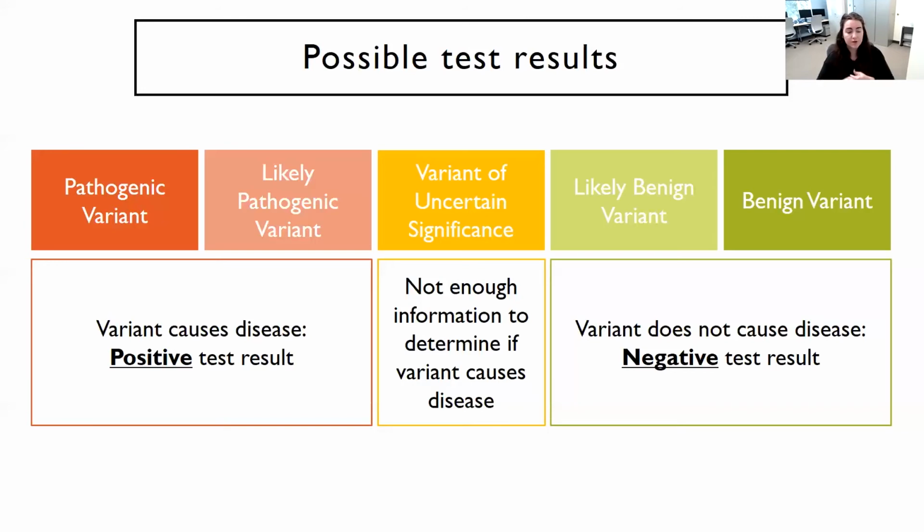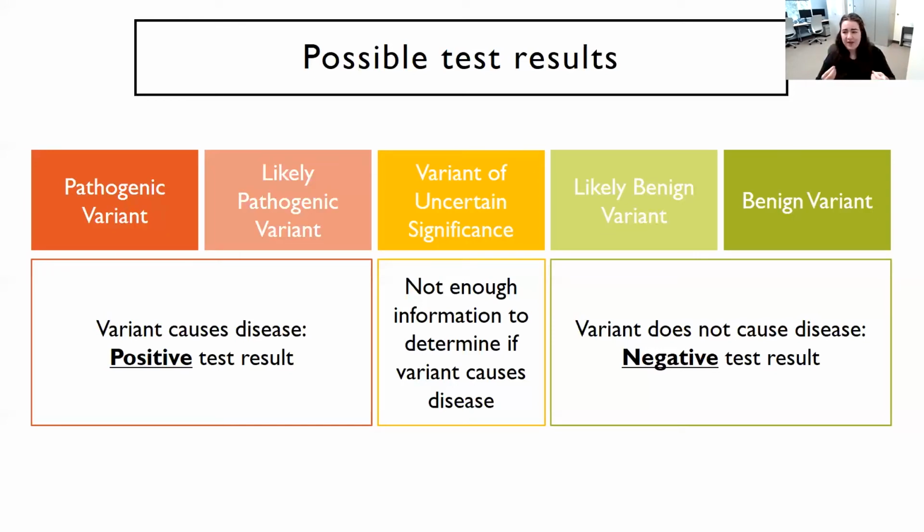For example, if we find a change in a family member that doesn't have symptoms, that might mean that this change isn't causing disease. But if we test another family member who does have the same symptoms as my patient and we find the same gene change, then we might say, oh, the picture is starting to come together.